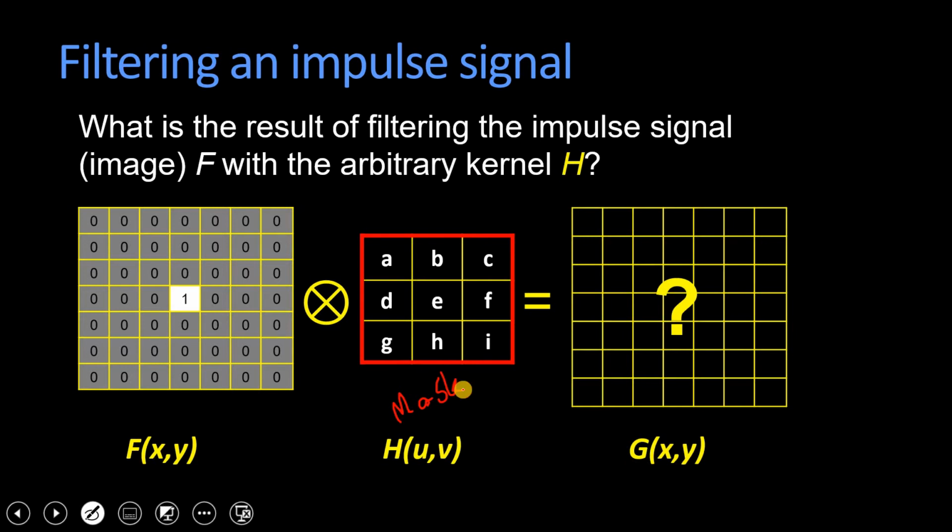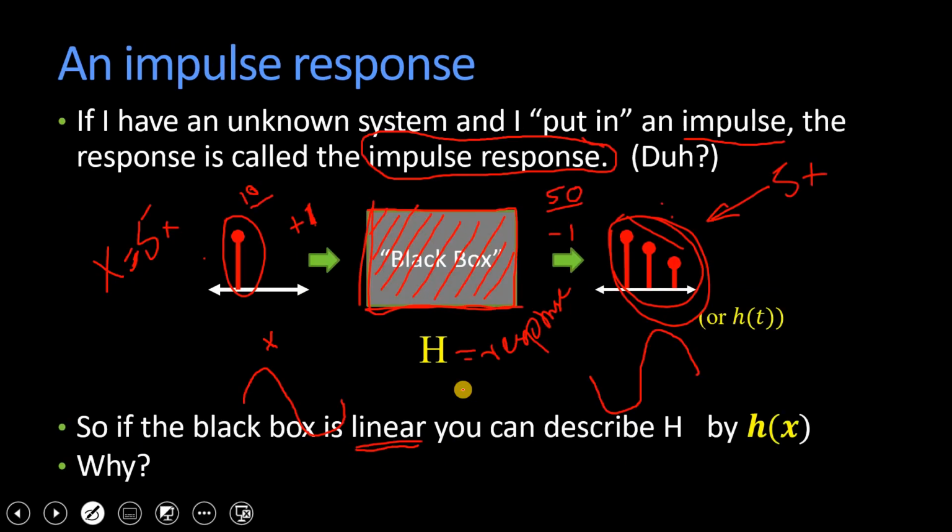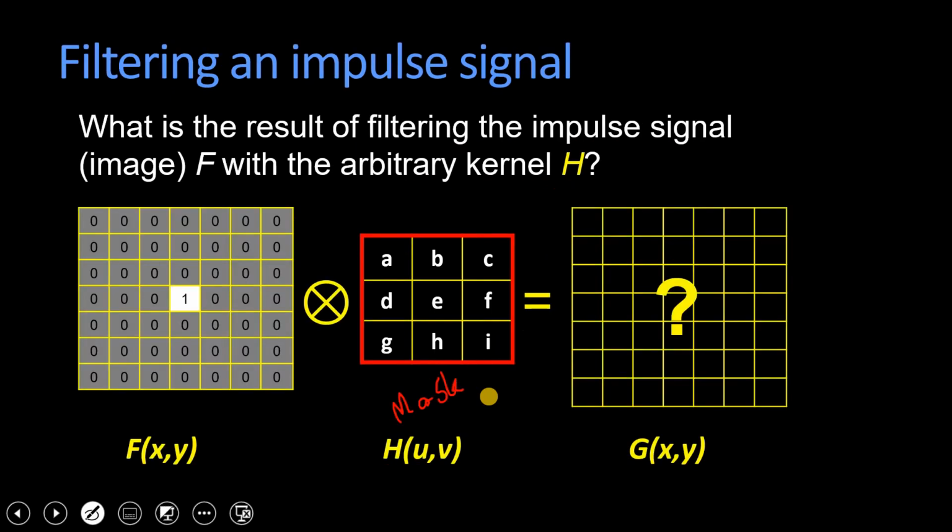Remember, the purpose of impulse is to find out what the system does. What is this H? Find out H. What is the response? What is the operation done by this black box? Here we want to use the impulse to find out how this correlation works.